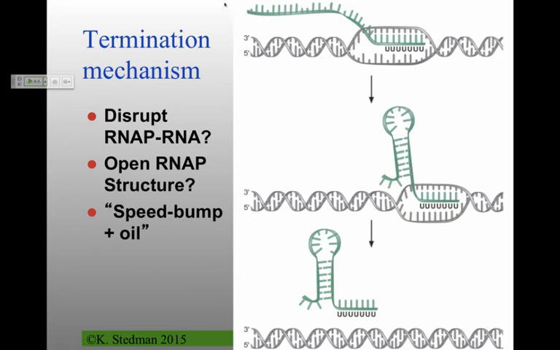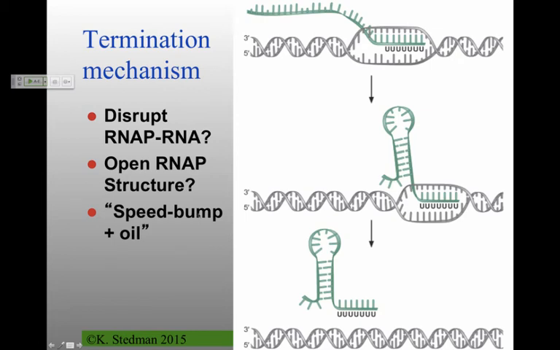So they'll bind, form this stable secondary structure, and then there's almost always a stretch of uracil residues that are added in this RNA. Why uracil? Well, just like AT base pairs, AU base pairs only have 2 hydrogen bonds that are binding them, so they're weaker. So it appears that forming this secondary structure together with the grease, i.e. the oil here, which are these weak base pairing interactions, that pops the RNA out of the polymerase structure.